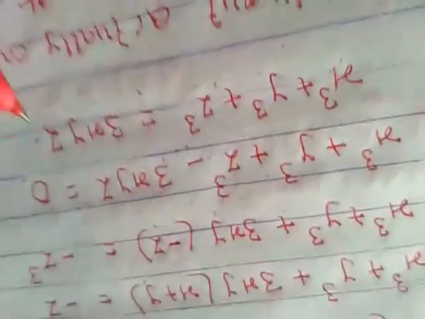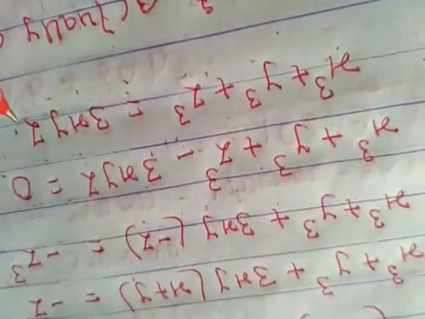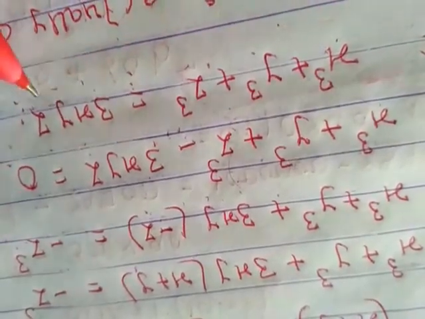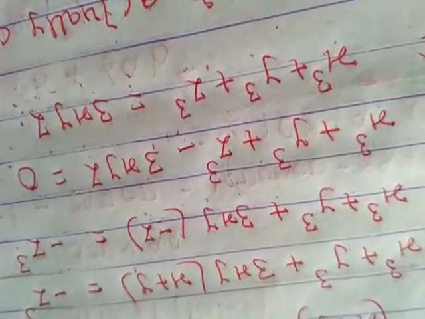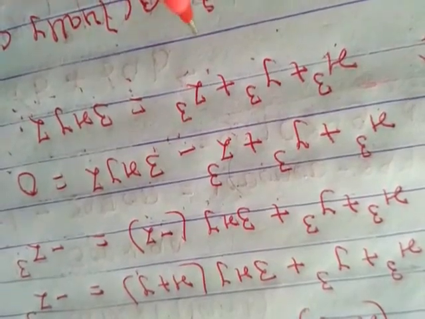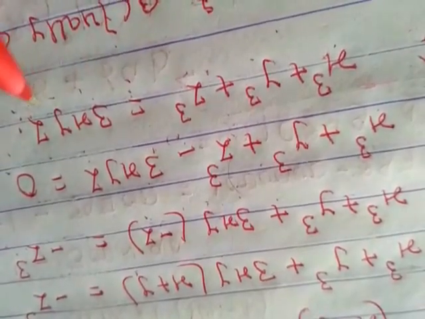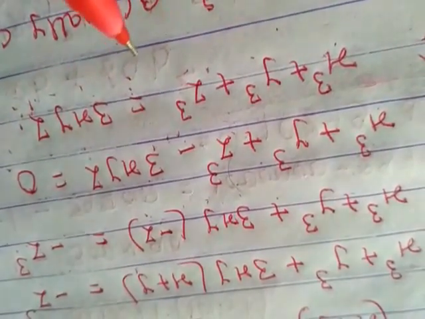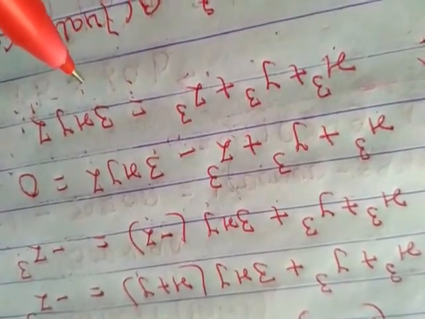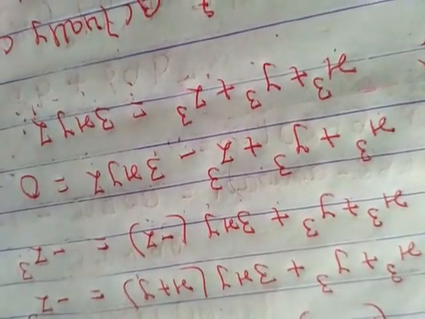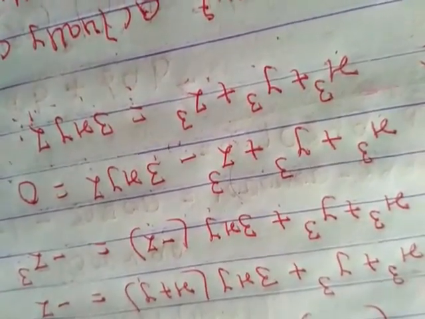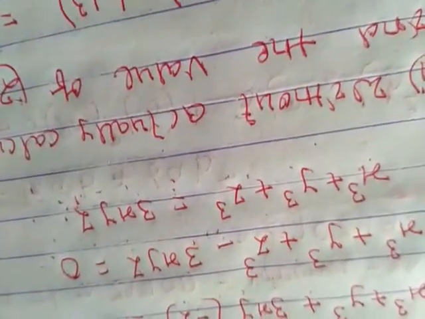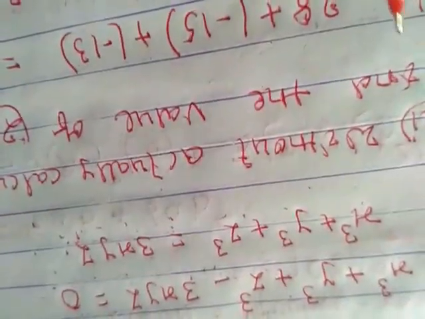This behaves also as an identity: when x plus y plus z equals 0, then x cube plus y cube plus z cube equals 3xyz. Now on the basis of this identity, one question is going to be solved, question number 14.